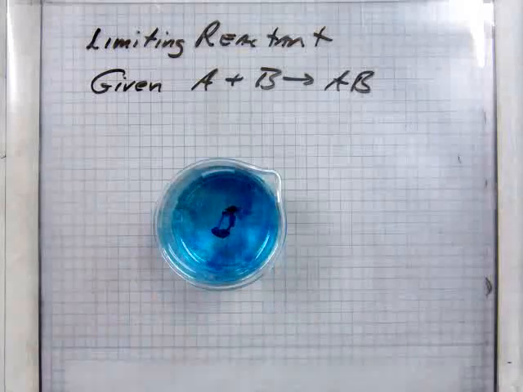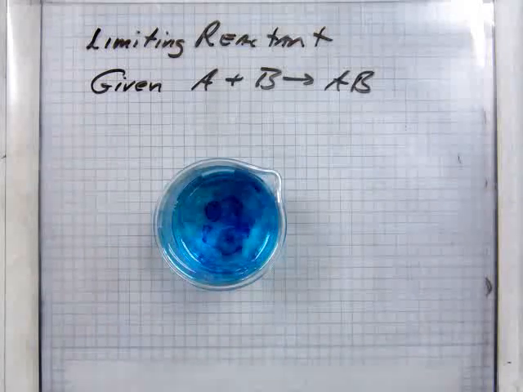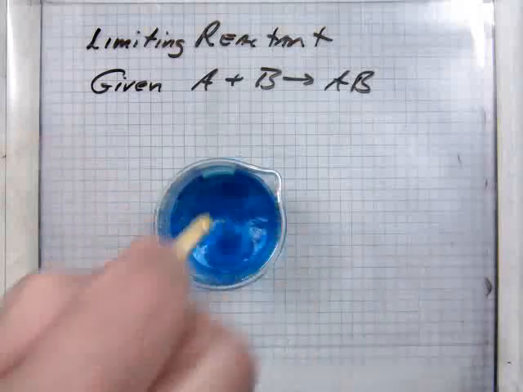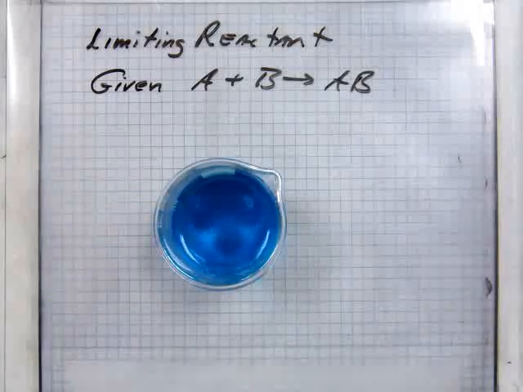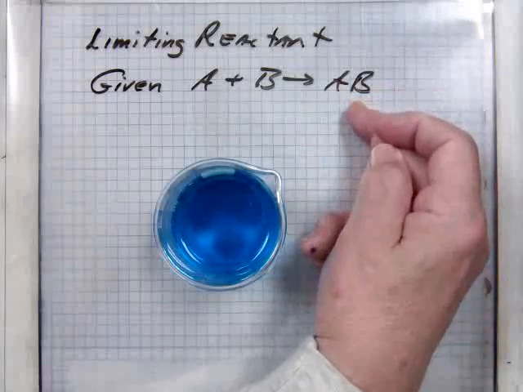So if I put a small amount of B in there, what's going to happen? It's going to consume all of the B, and you're going to have a lot of water left over in the reaction process, and it will distribute itself through, but you'll only have AB in the end of this reaction.